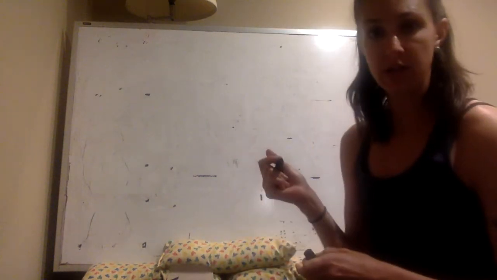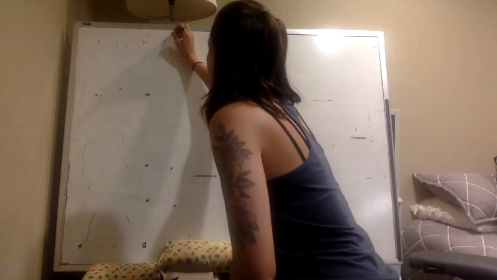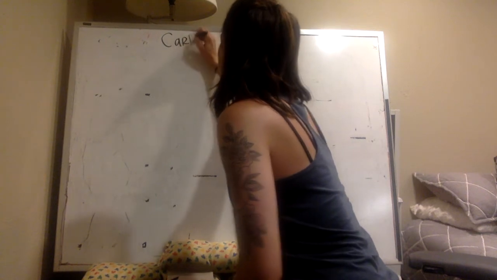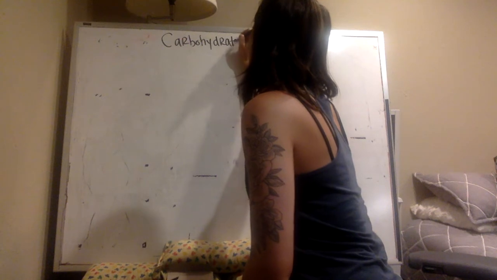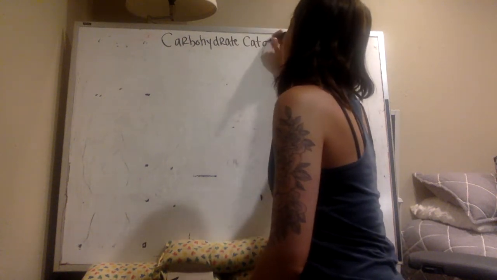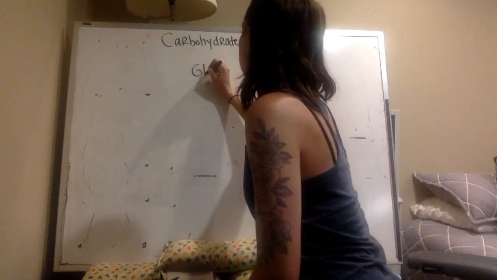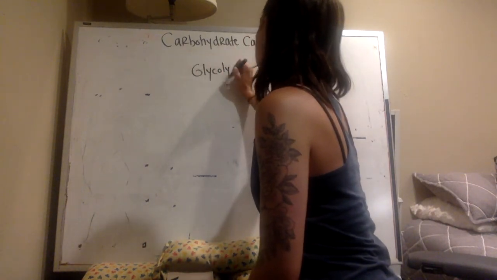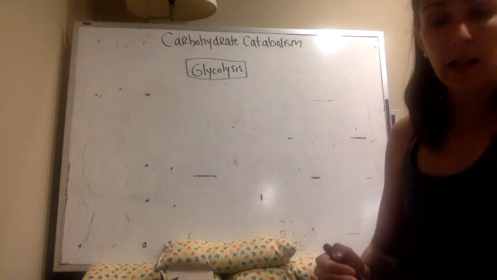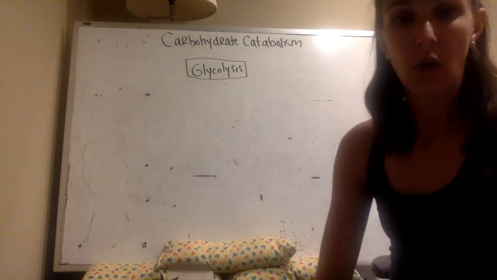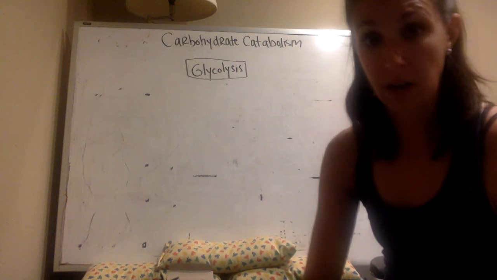So I'm going to write carbohydrate catabolism, and then I'll put the first step, glycolysis, up there. Glycolysis is shared not only by carbohydrate catabolism, but fermentation also includes glycolysis.